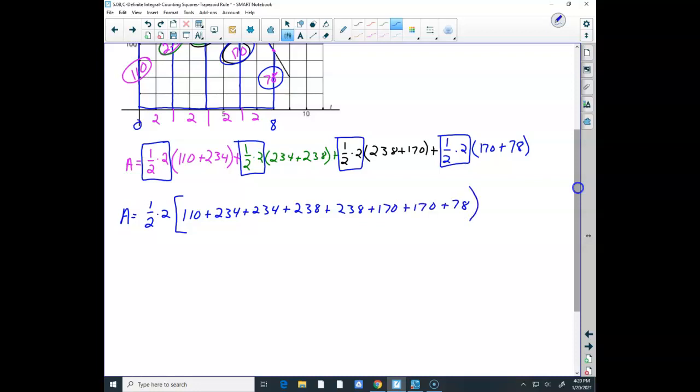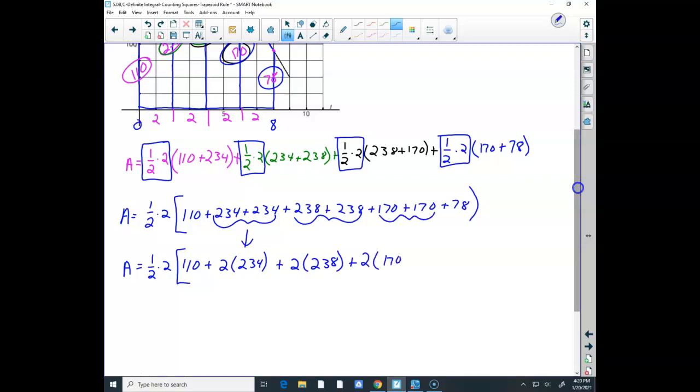And you're saying, oh, why did you write out 234 a couple times? Well, it's going to modify even more. So the trapezoid is going to be times 2 times 110 plus 2 times 234. And it's going to sound really wonky and different, but that puts those two together, plus 2 times 238 plus 2 times 170 plus 78, okay?